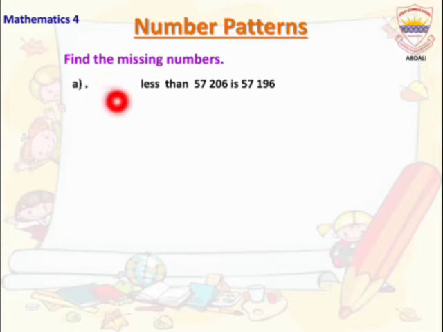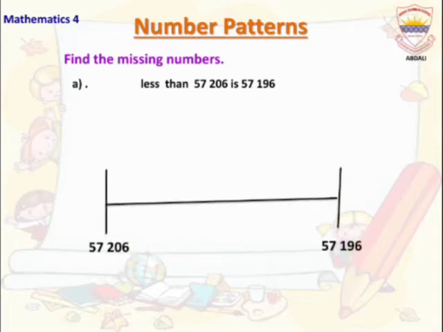Our question is: less than 57,206 is 57,169. Students, what number do we subtract from 57,206 to get 57,169?